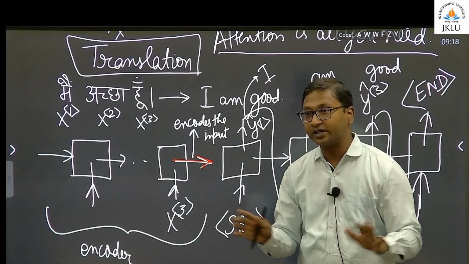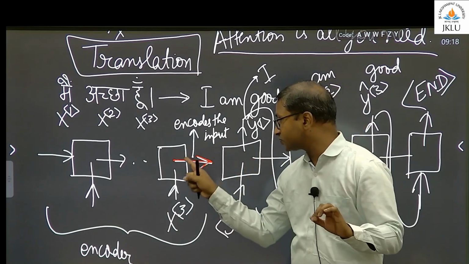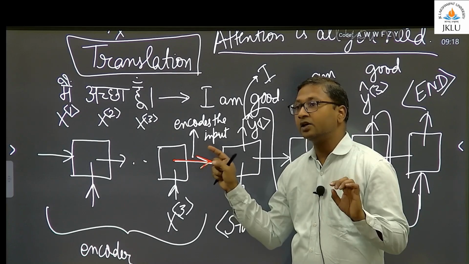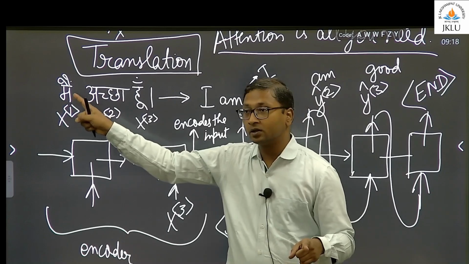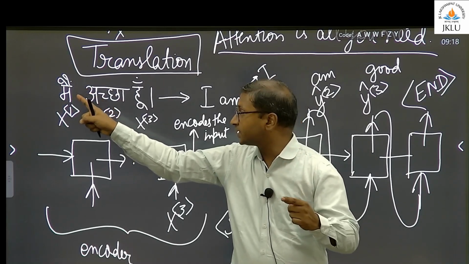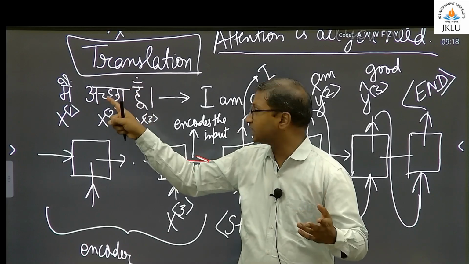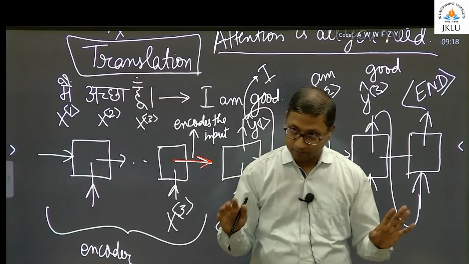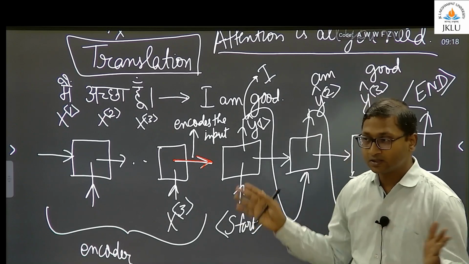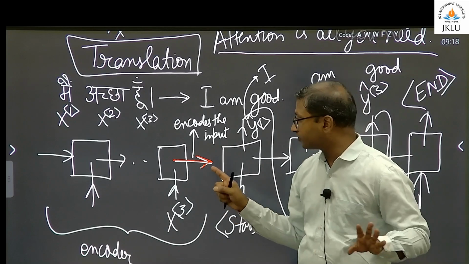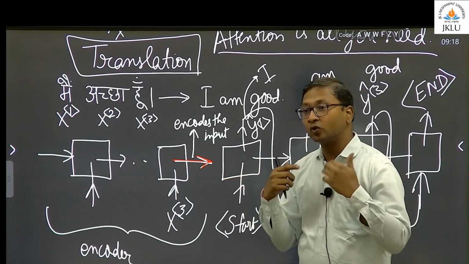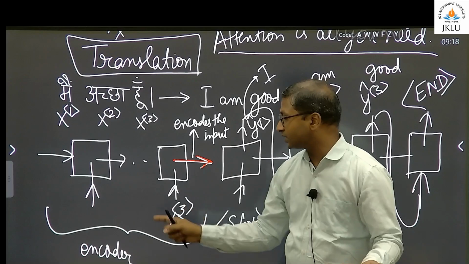Moreover, I don't have that information. All I have is this vector, and it will be too much to expect that this vector has encoded that main came before acha and who came after acha. That will be too much to ask for. If it does, good, but we can't take that for granted. All we can hope is this particular vector is encoding the whole thing.